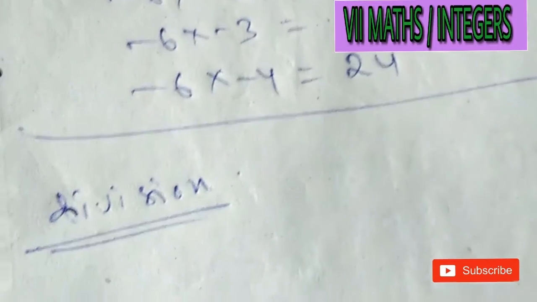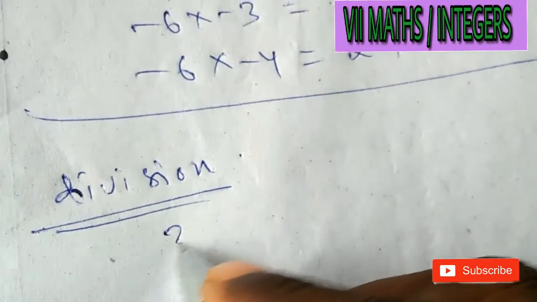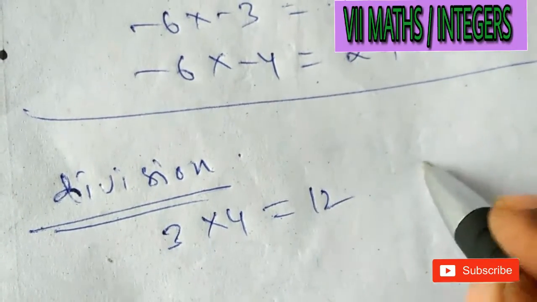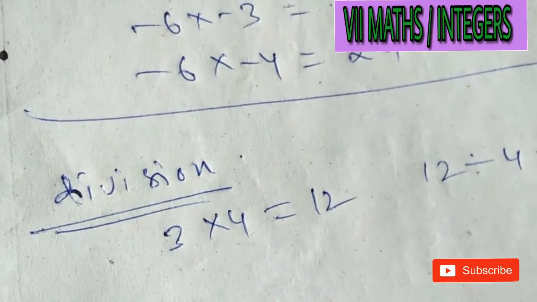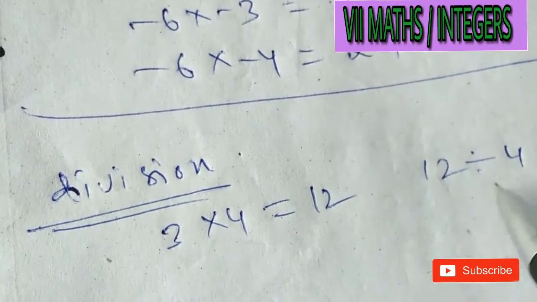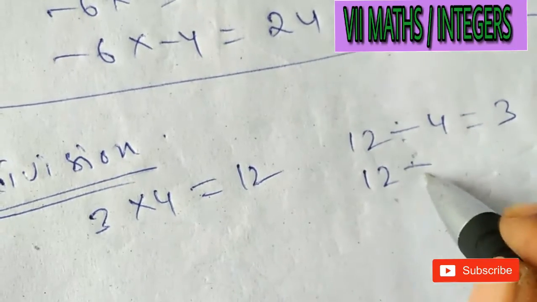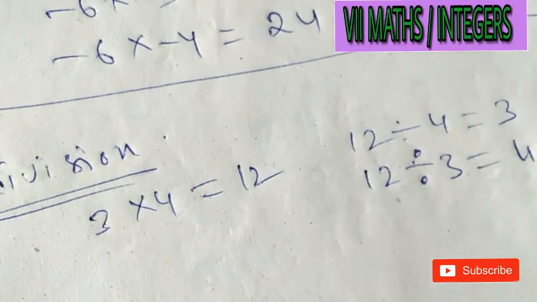Suppose 3 4s are 12. If 12 is divided by 4, what do you get? Yes, the quotient is 3. If the same 12 is divided by 3, you get 4.